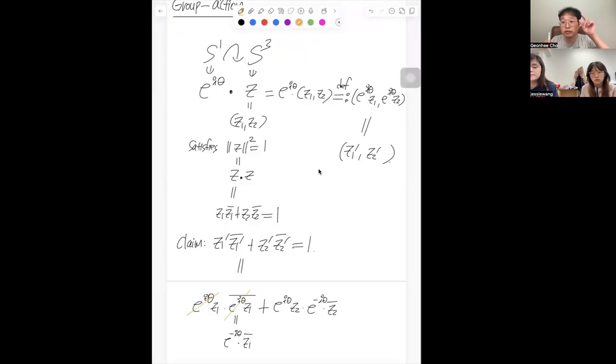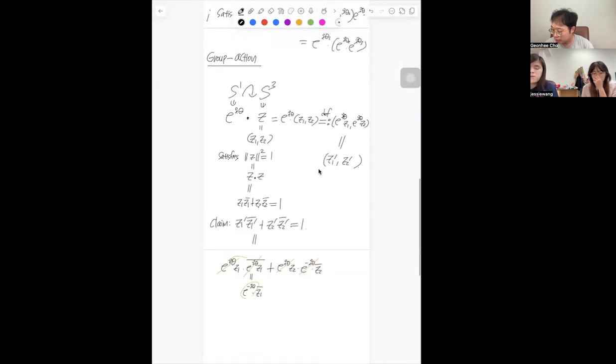Can you get that? e to the I theta times e to the negative I theta becomes e to the zero, the identity, just one, so it does nothing. Same reasoning for the other part. So this now becomes Z1 bar plus Z2 bar. What is it? This equals, we assume, just one.